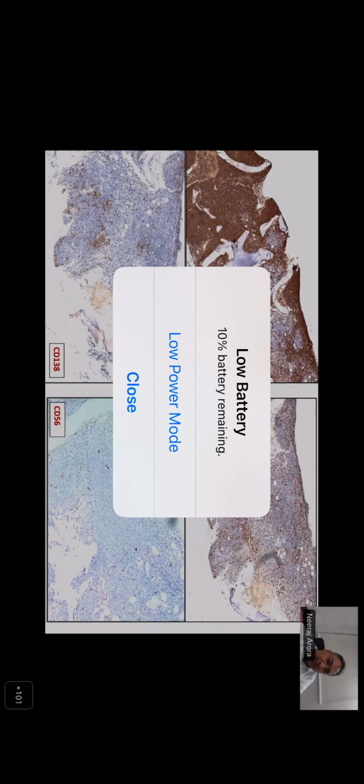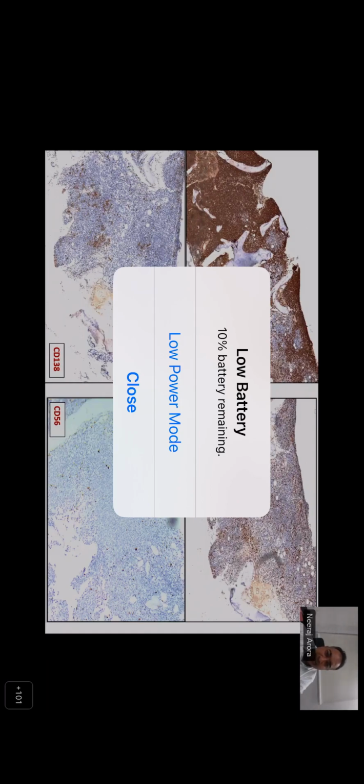You could see the CD20 nicely highlighting the majority of the small lymphoid cells that we were seeing on the bone marrow biopsy. There were scattered CD3 positive cells, but primarily CD20 positive cells, and there were a lot of CD138 also highlighting the plasma cells, though they were fewer than the CD20 positive cells, somewhere in the range of 10% of the cells. We tried to look at whether these plasma cells are abnormal. CD56 was negative.